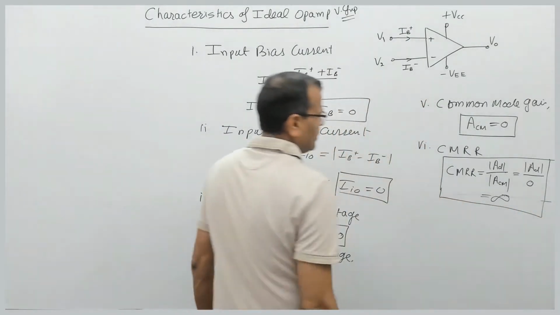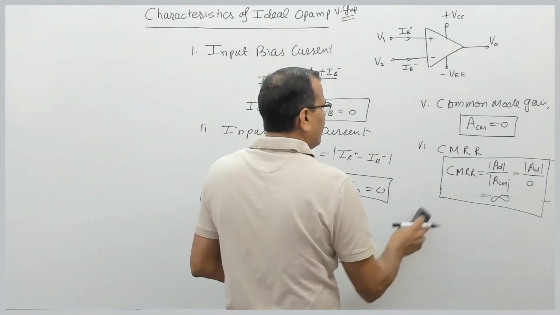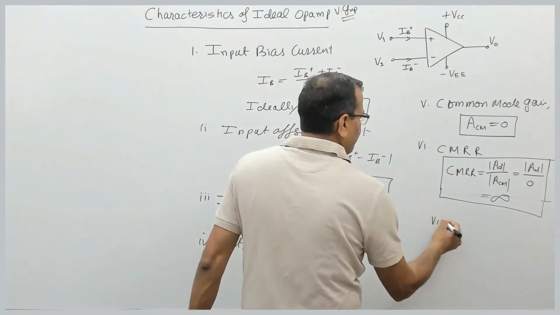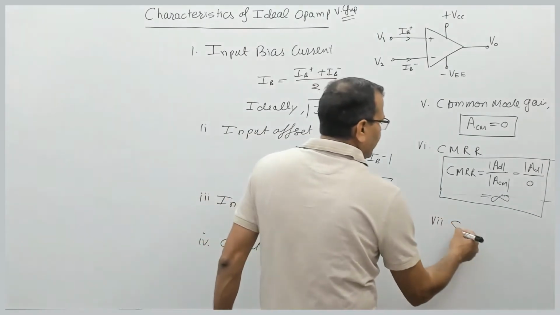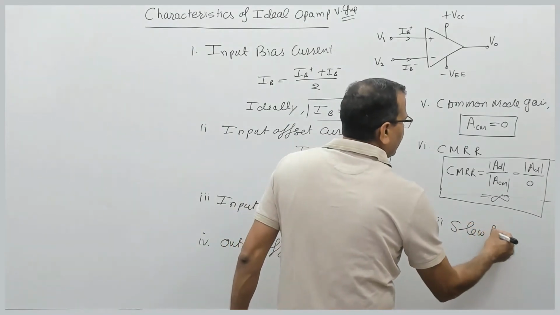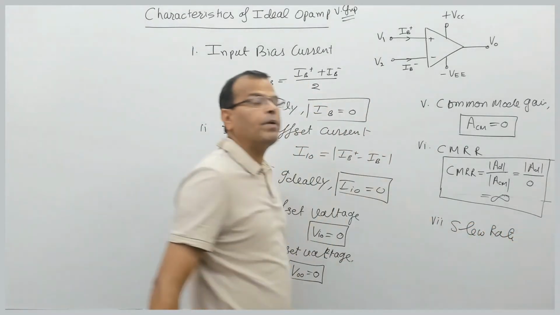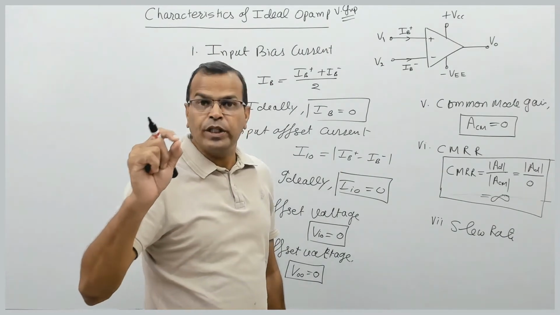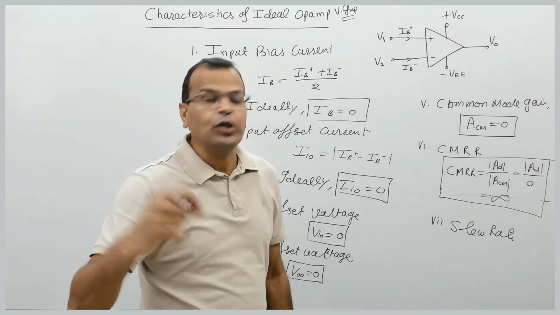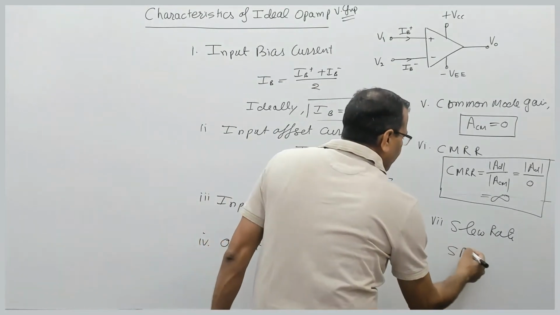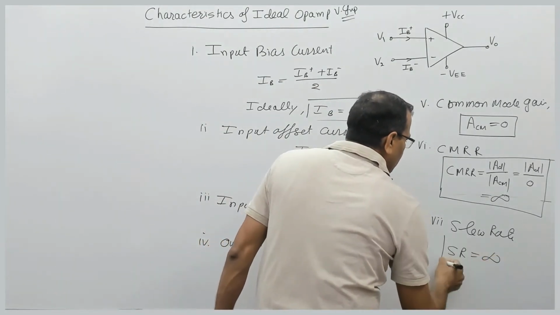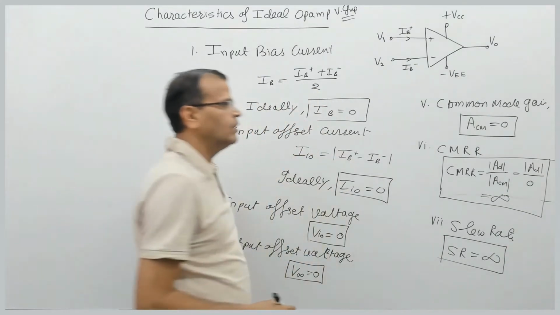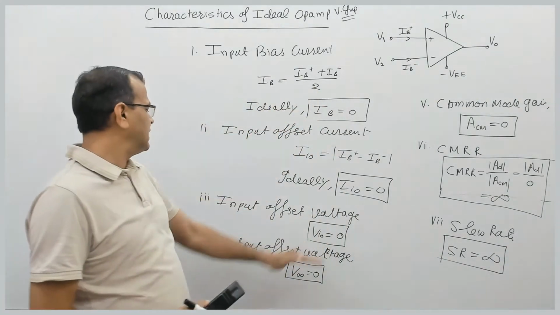Please remember this. Then we have the next one, slew rate, and we have already defined slew rate as the maximum rate of change of output voltage without introducing any distortion. The slew rate for an ideal op-amp is infinite. Please do remember these characteristics.